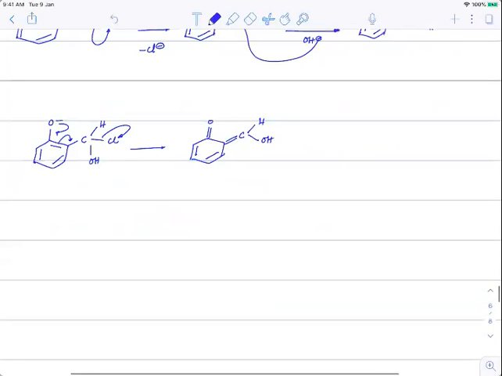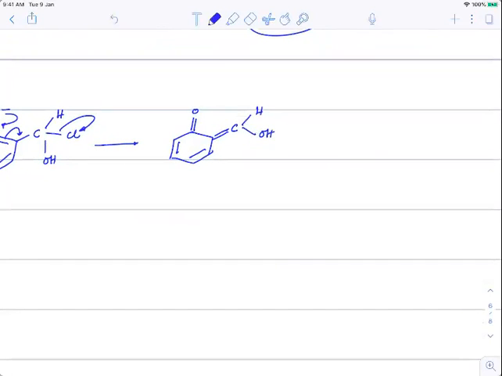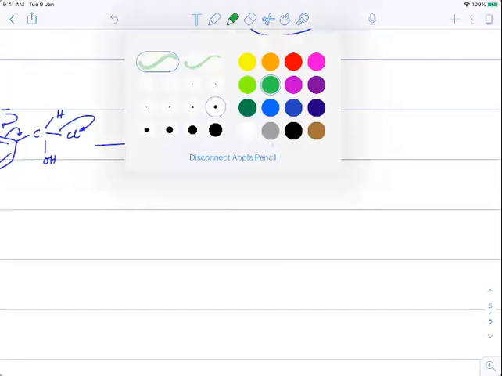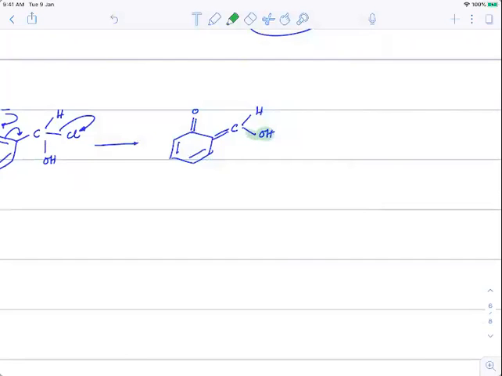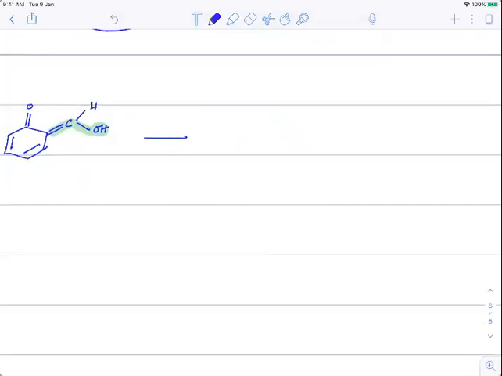If you observe closely, this is an enol. This is an en and an ol. Enol will always undergo tautomerism. So to undergo tautomerism, what does it form? It has this double bond O, and here this hydrogen will come.